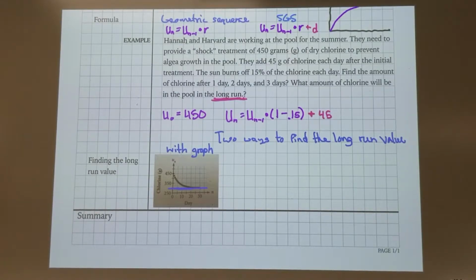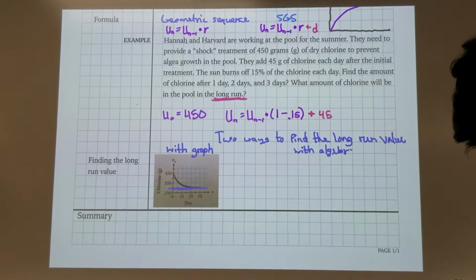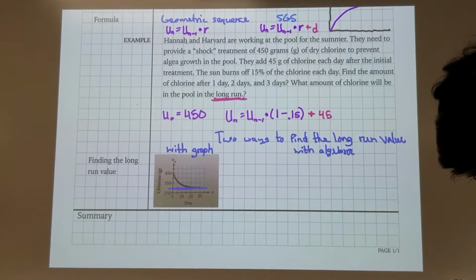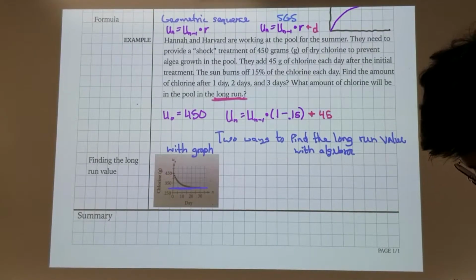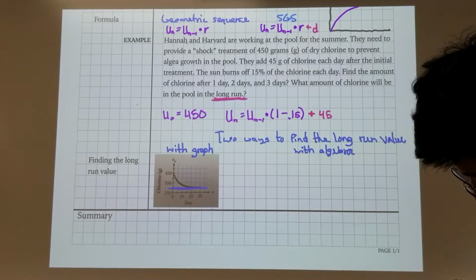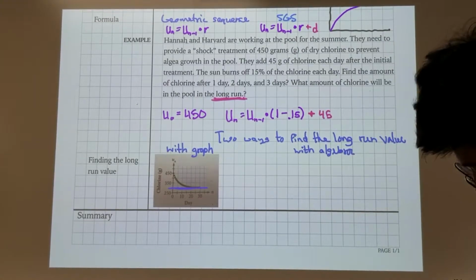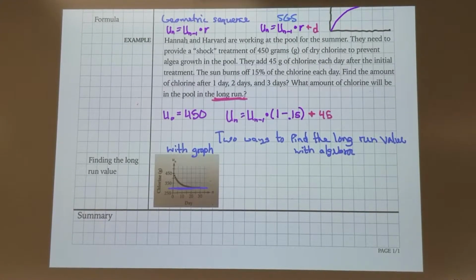You can also tell with algebra. If you're looking at this, you're saying, when is one term and the term before it going to be basically the same term? So that from one step to the next, it's hardly changing.